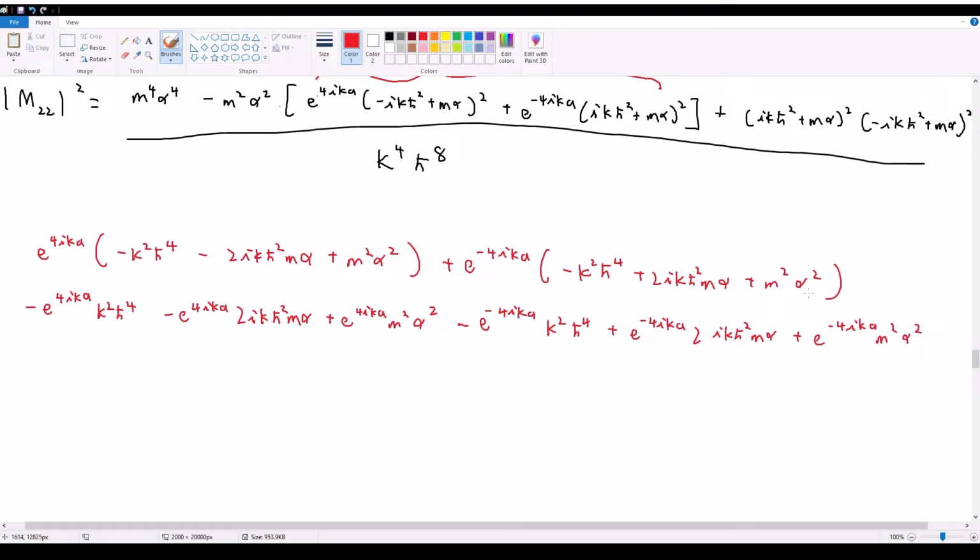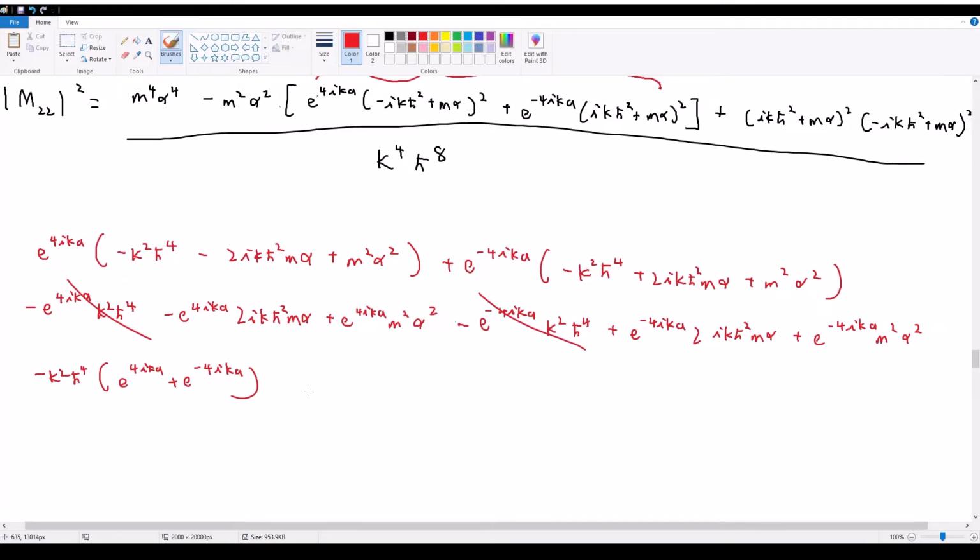So there's a few like terms here. So immediately negative k squared h bar fourth multiplied by e to the 4ika plus e to the negative 4ika. That combines this term and this term.